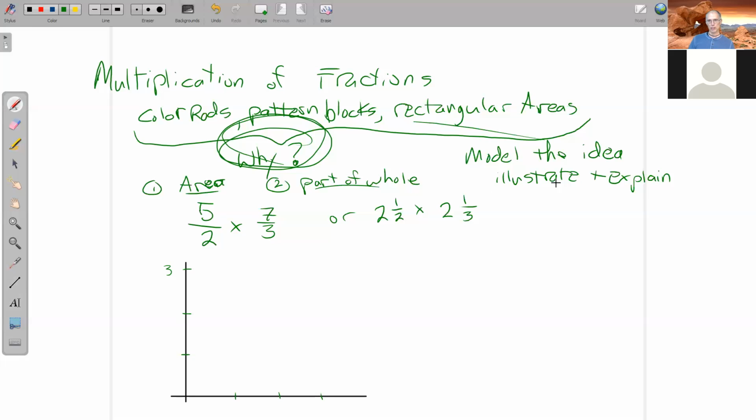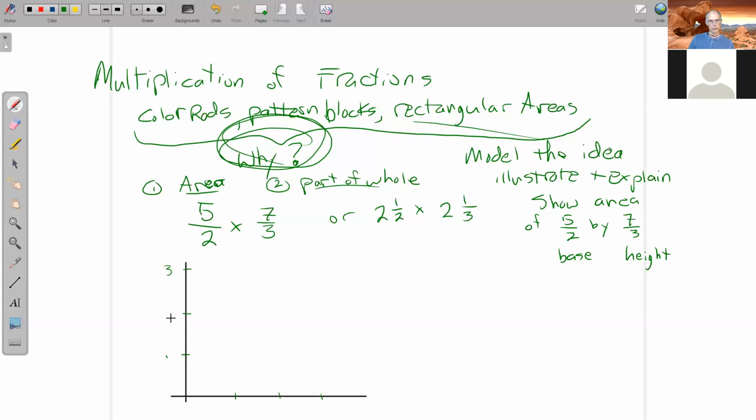For my illustration, I want to show an area of 5 halves by 7/3. I'll let this be the base and this be the height.